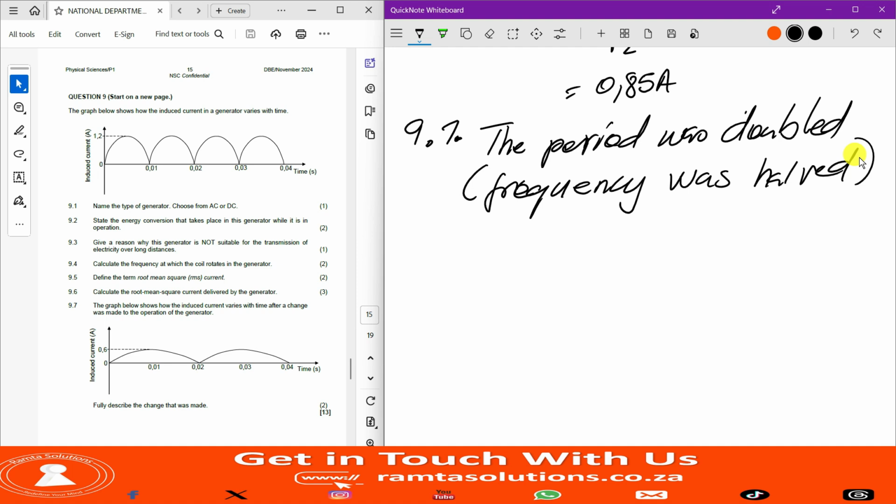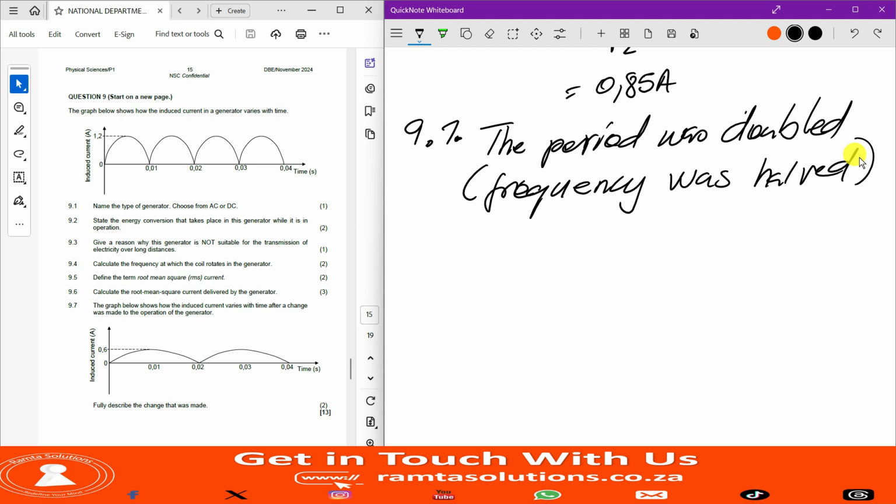It could be the number of coils being decreased, the speed of rotation being decreased, and the strength of magnets being weakened as well. Those are things that can affect this. So the frequency was halved, that is to say, the period was doubled. These are the changes that were made.